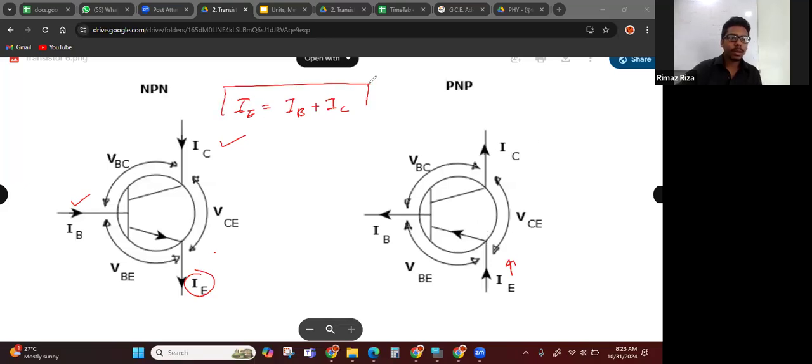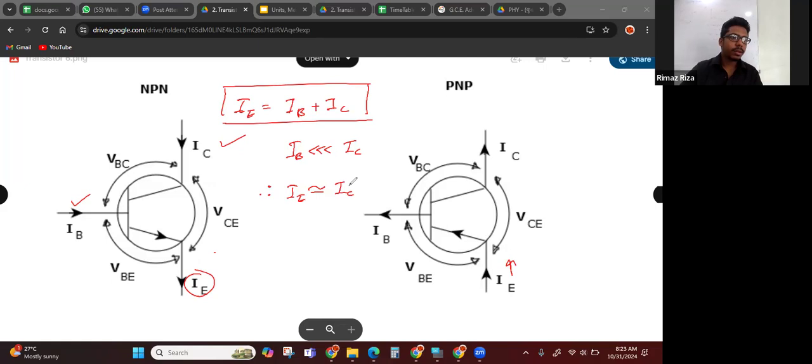So for both transistors, the emitter current is equal to the base current plus the collector current, and the base current IB is very small compared to IC. So in most cases in calculations we take IE approximately equal to IC.